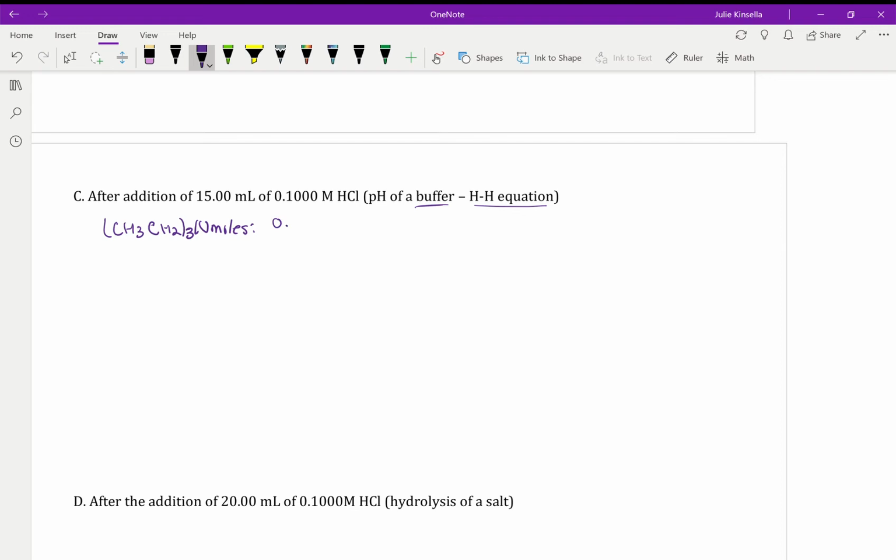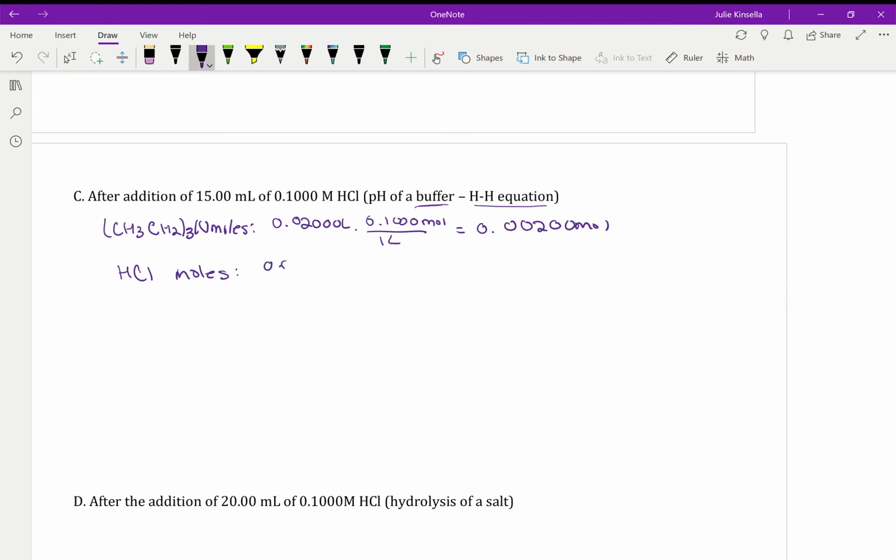I had 0.02000 liters of it initially, and the molarity was 0.1. So this would be 0.00200 mole. Okay, our HCl moles that was added, that's going to react with the weak base.